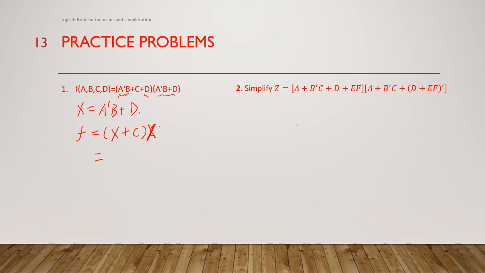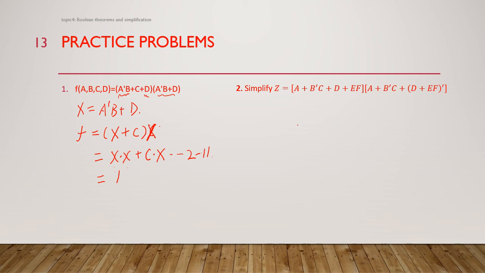Then things get easier. So basically we can use the distributive law to open the parentheses. So we get x and x or c and x. So this is 2-11, the distributive law. And x and x, we know it should equal to 1.